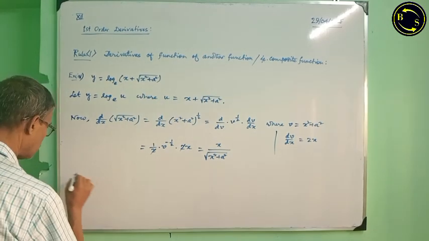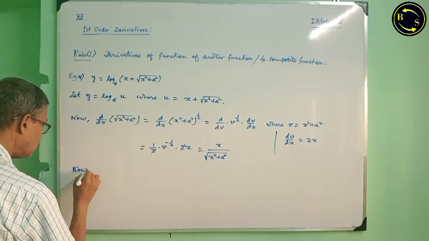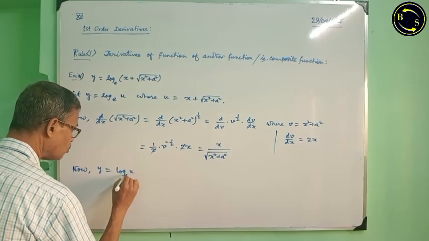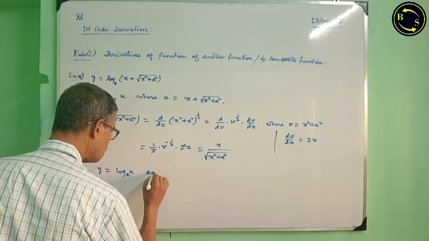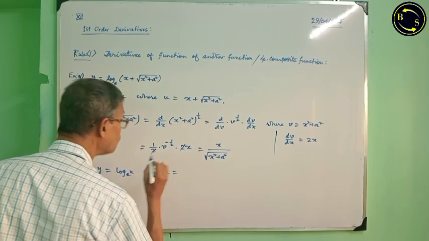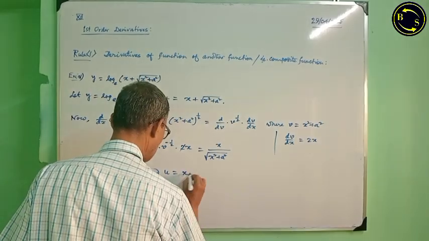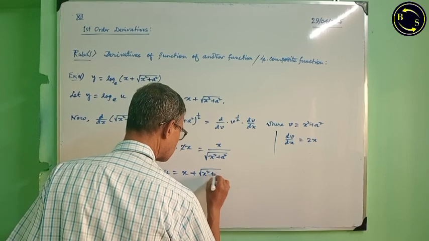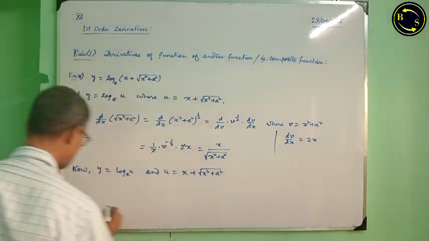Now y is equal to log of u to the base e, and u is equal to x plus under square root symbol x square plus a square.